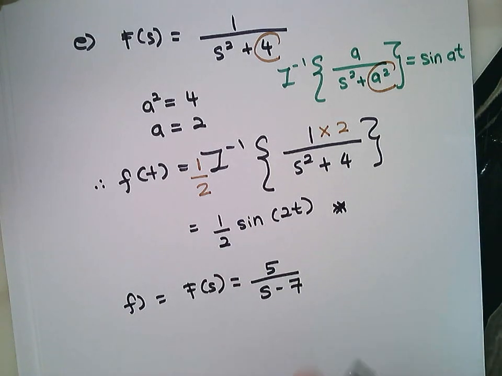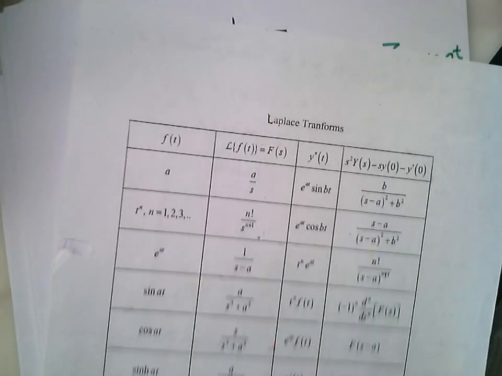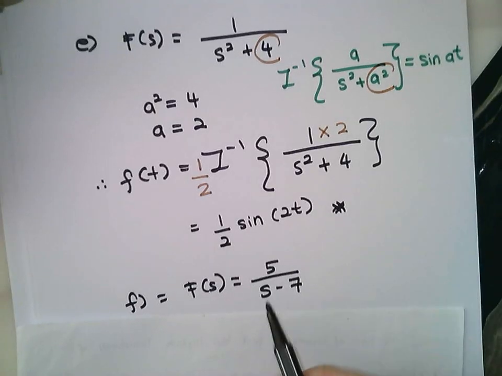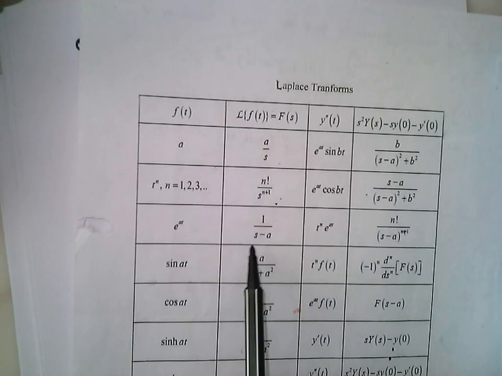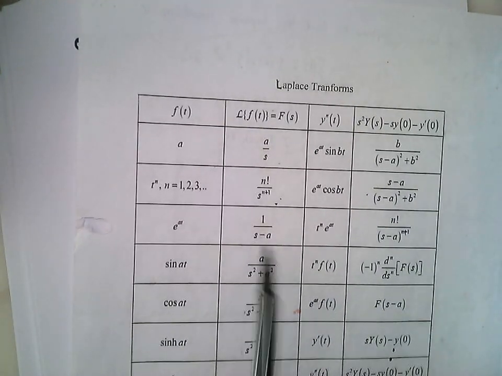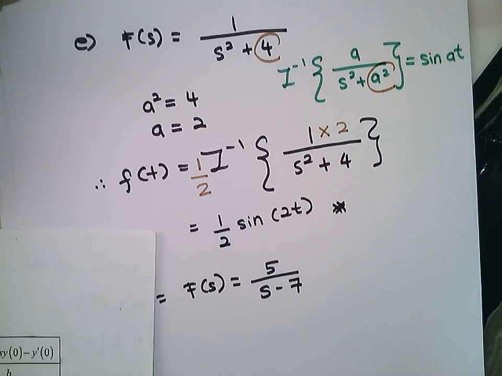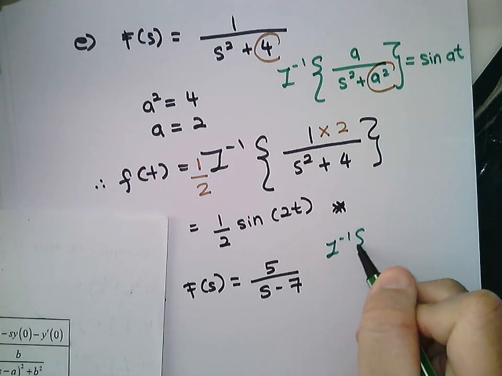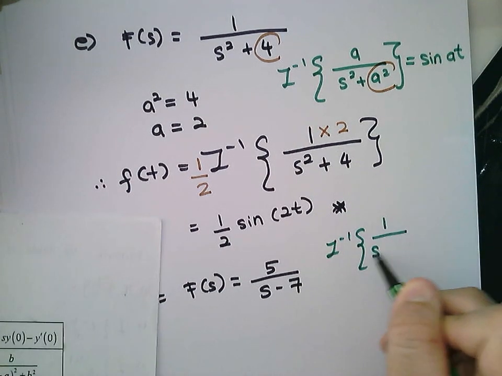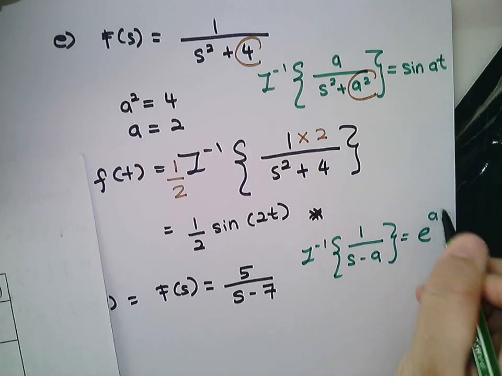By looking at this one and the table of the Laplace transform, this is s minus a, so you should use this one. You know that the inverse of 1 over s minus a is equal to e to the power of at.